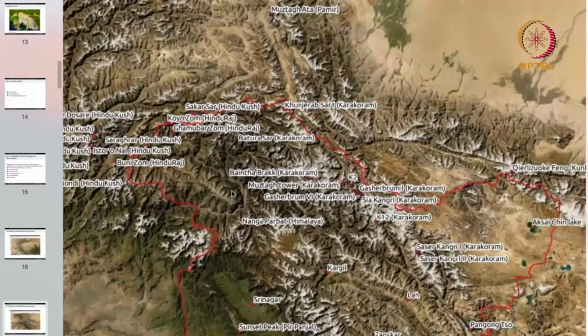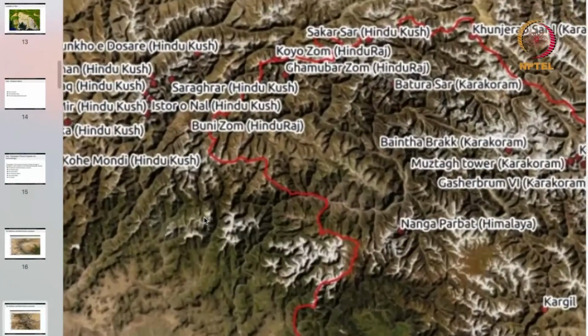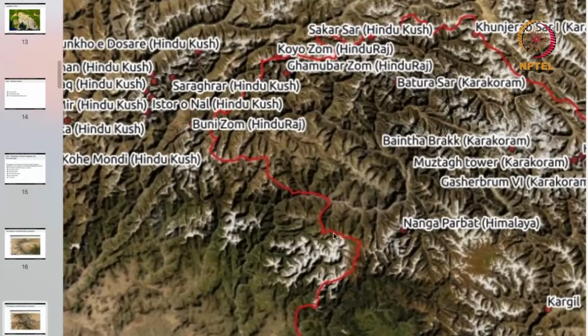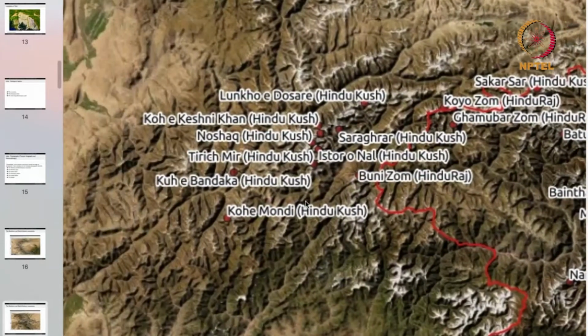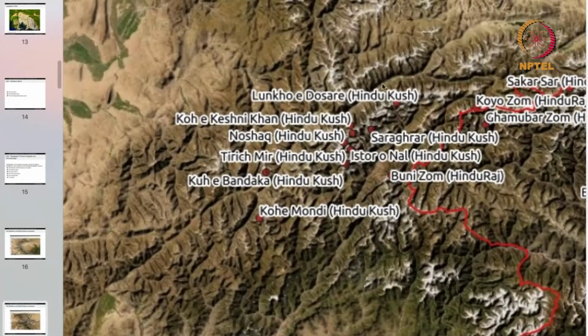Now if we look at this region in more detail, this is again our union territories of Jammu and Kashmir and Ladakh. Between the Hindu Kush range and the Karakoram and the Himalayas, we have another range which is known as the Hindu Raj range. Bunizome and Koyozome are important peaks in this range, and this is followed by the Hindu Kush range here.